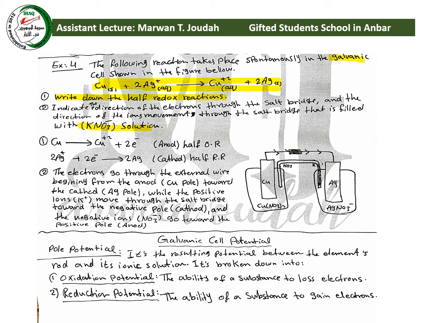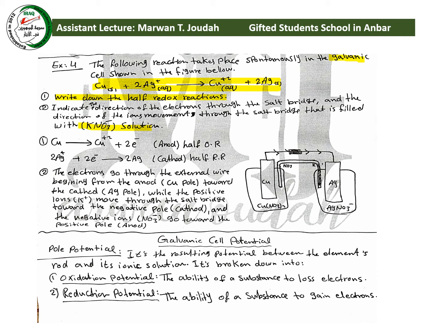First of all, if you want to write down the half redox reactions, I should know which one has been oxidized and which one has been reduced. The copper right here is the anode. It's oxidized: the Cu oxidation state was zero, and it becomes Cu plus 2 and releases 2 electrons, so it lost 2 electrons.